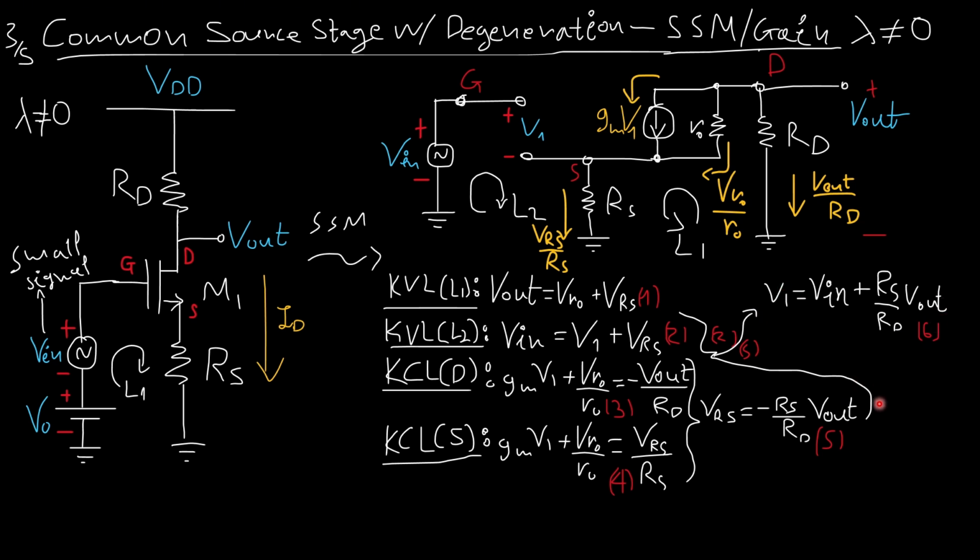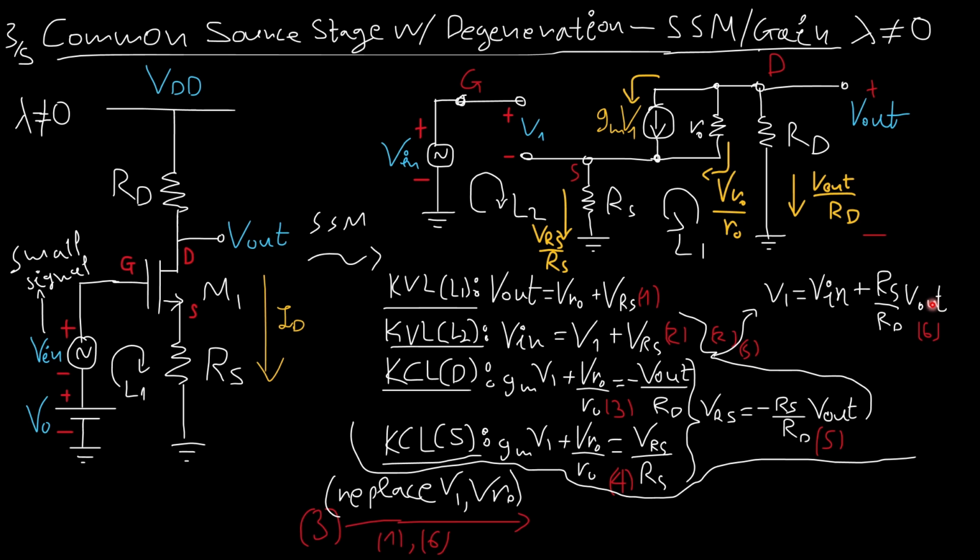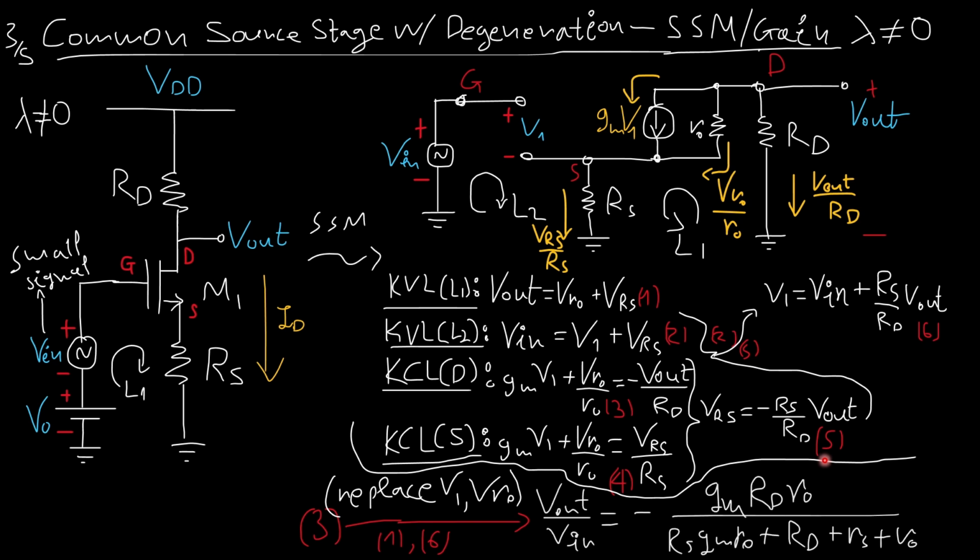Now that I know the relationship between VRS and Vout, and V1 and Vout and Vin, I can go to equation 3, let's say, and replace V1 and VRS. And I get this very beautiful result about the gain of the configuration when we have channel length modulation.